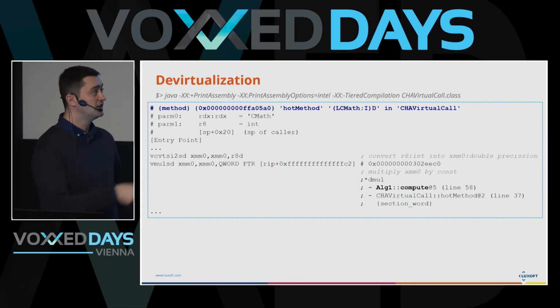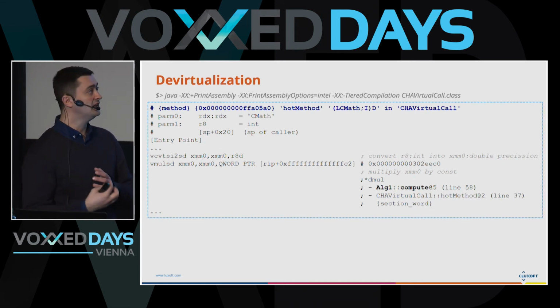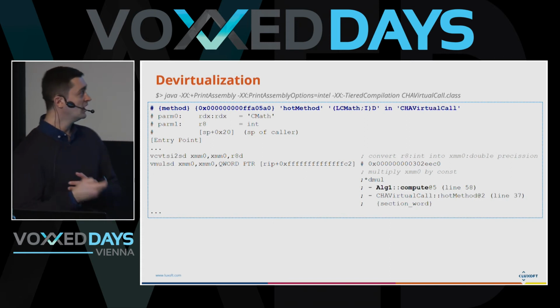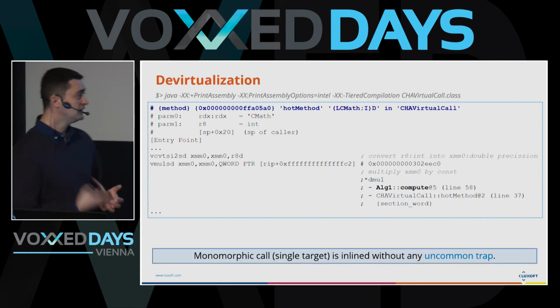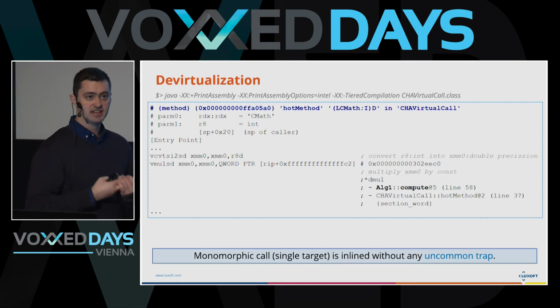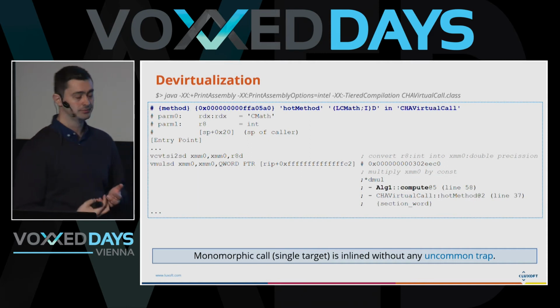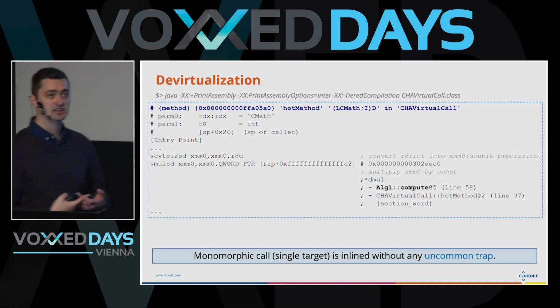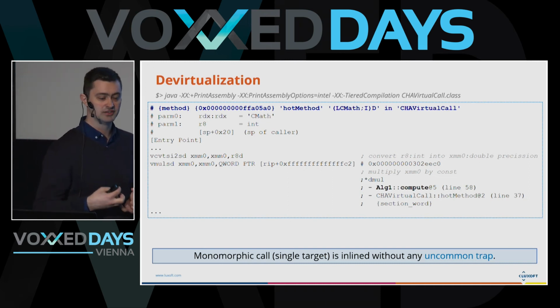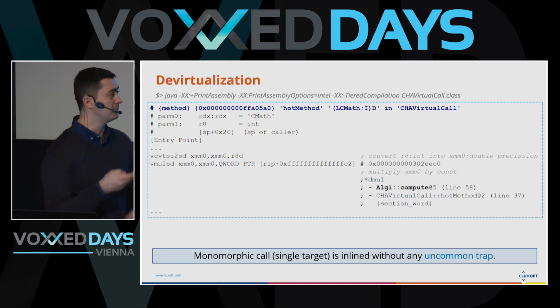As we can see, there is no check whether my instance during the runtime is of type ELG1. This leads me to the conclusion that polymorphic calls with just one single target, which means monomorphic calls, are inlined, and the just-in-time compiler doesn't add any uncommon trap for them.